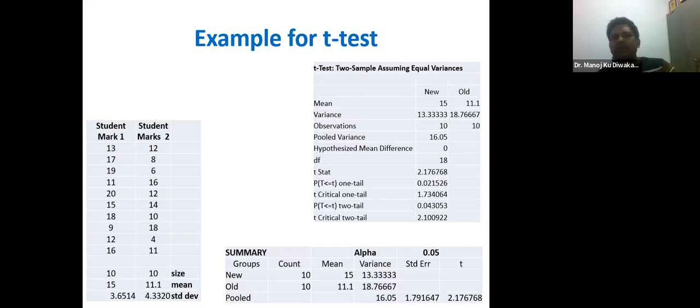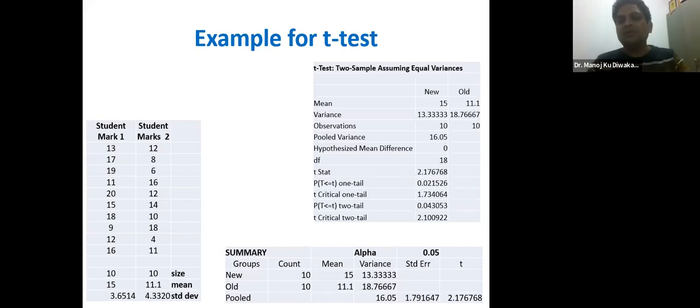You can find the mean, variance, and the t value. Here you can see that the t value is 2.176768, and you can also find the p value, which is 0.0215.